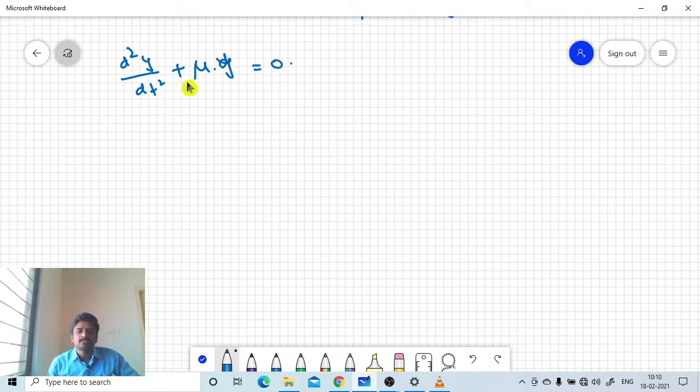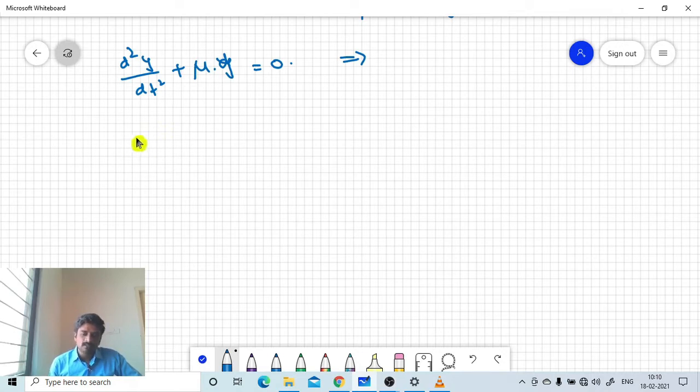This type of linear differential equation we have already solved, and we got the solution. In the previous lecture we clearly discussed this. Go through the previous lectures and you can easily understand how we moved to solve this type of equation.